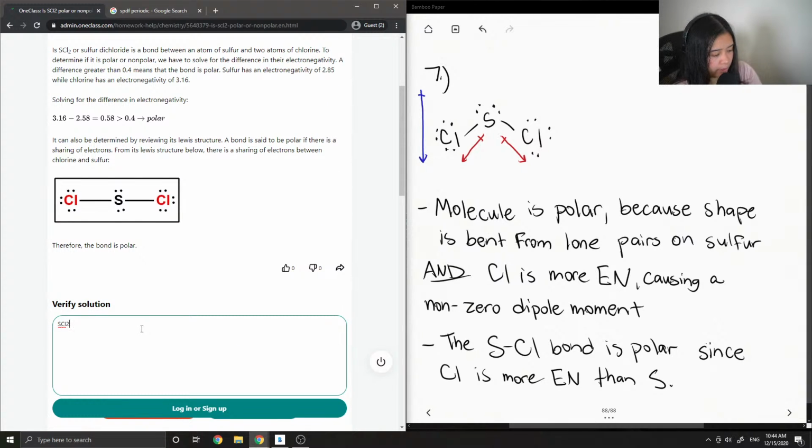Sulfur dichloride is indeed a polar molecule. However, the explanation is not necessarily correct.